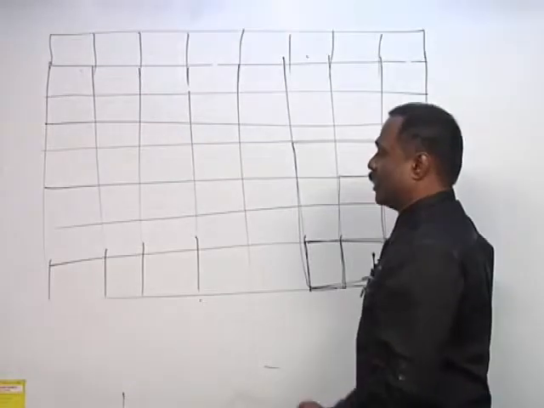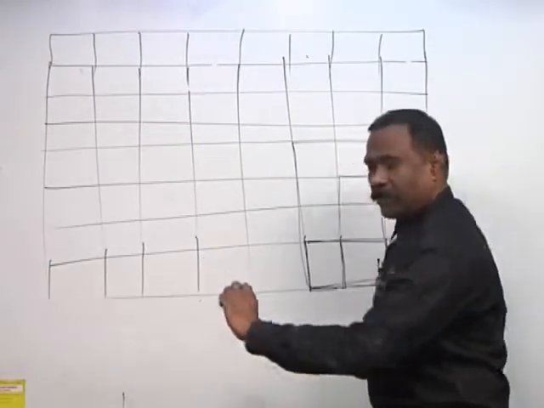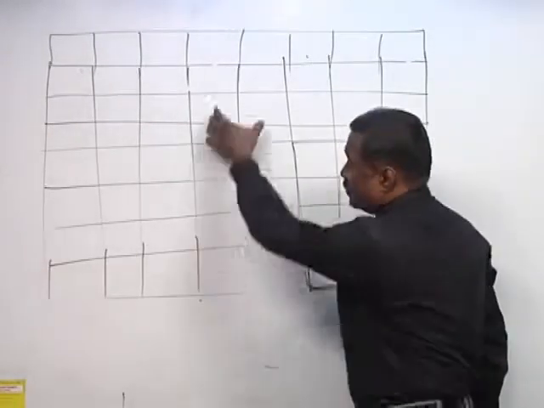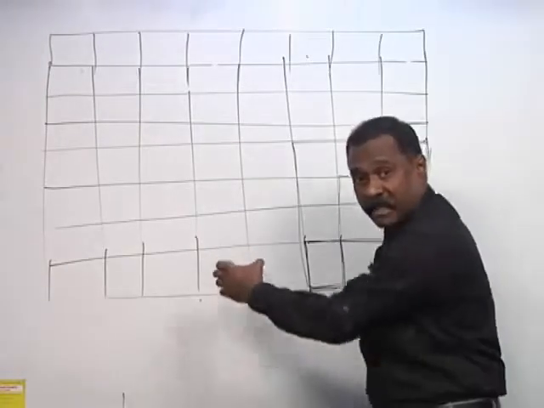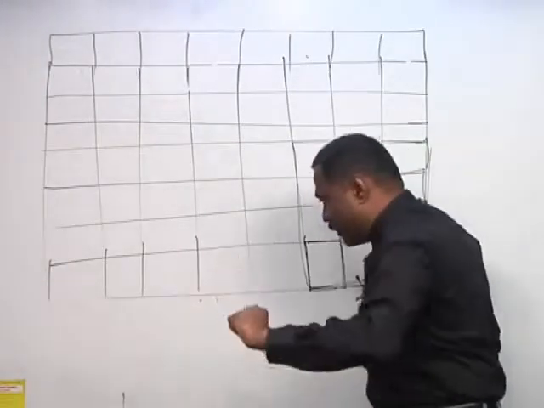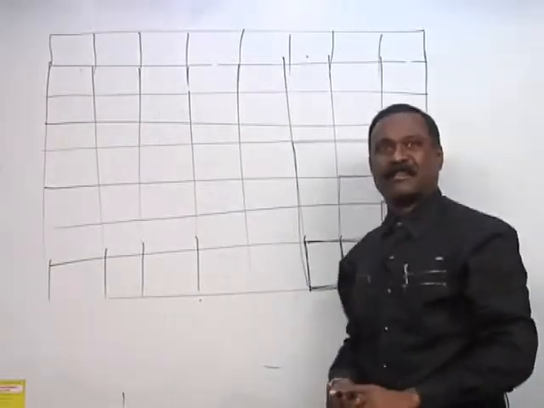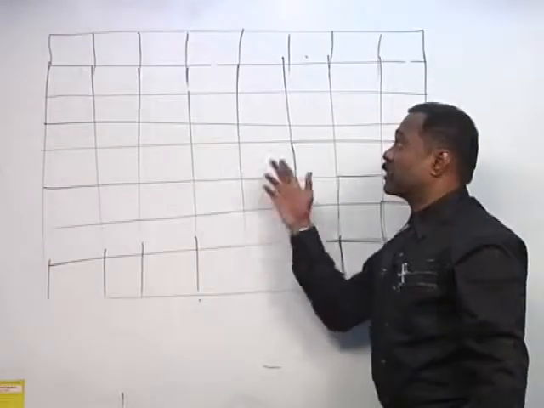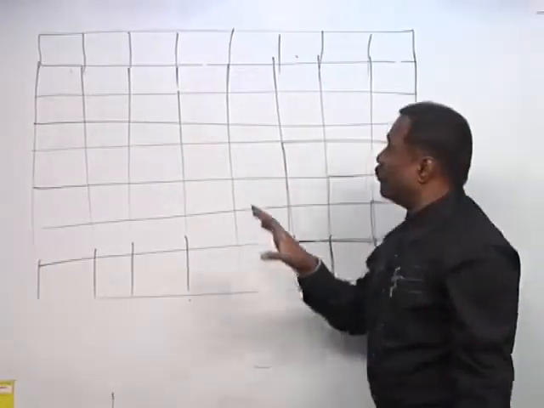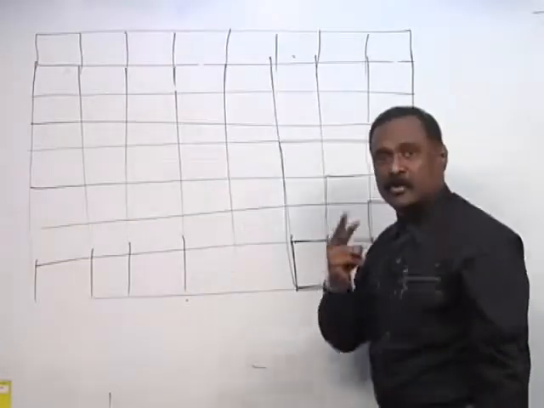To form the rectangle, 2 lines should be taken from the vertical set, and 2 lines should be taken from the horizontal set. Understand it?